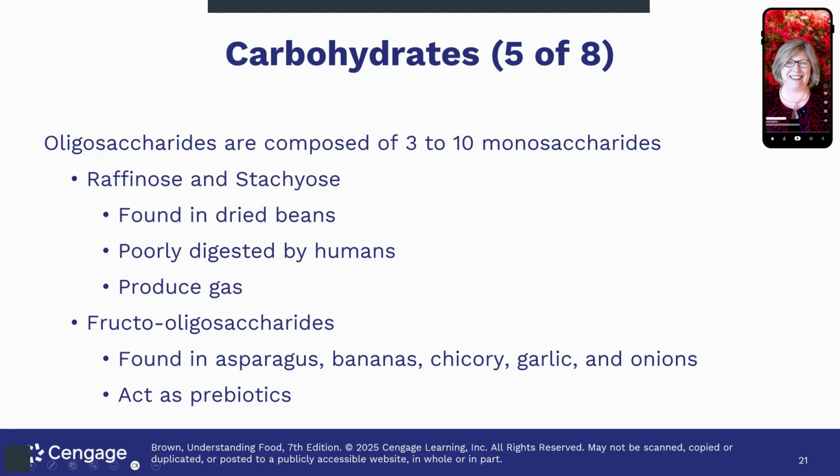Your oligosaccharides are a smaller polysaccharide. Polysaccharides incorporate this category, but when they're smaller, like 3 to 10 monosaccharides, we call those oligosaccharides. And here's some. We have raffinose and stachyose found in dried beans.